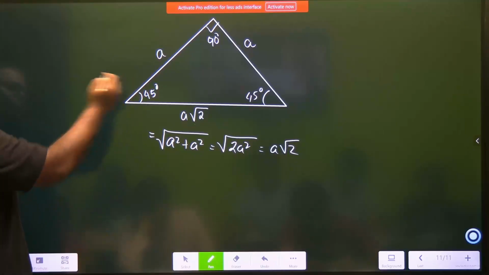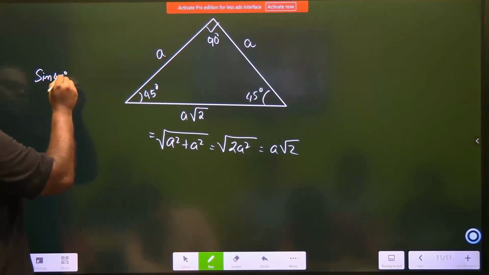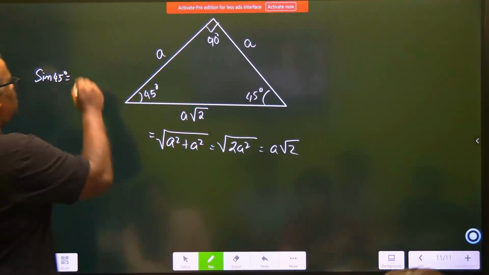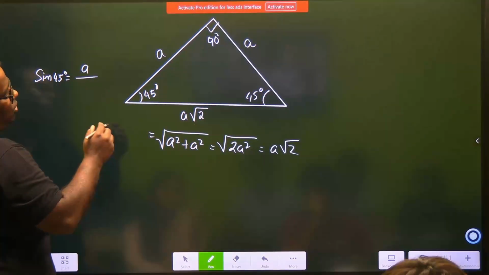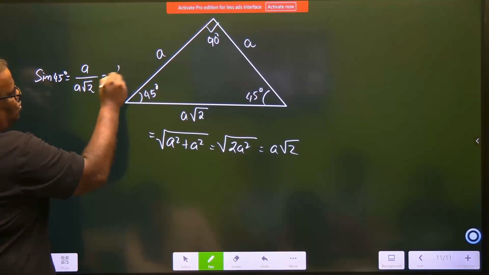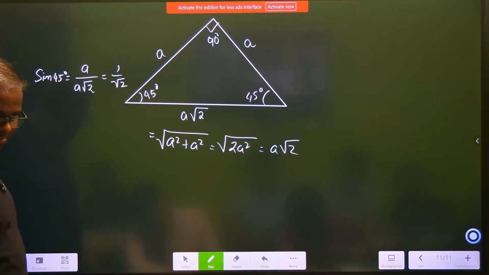And if this is 45 degrees, the sine of 45 will be the opposite side, that's 1, upon the hypotenuse, root 2, which gives me 1 upon root 2. Is that fine?